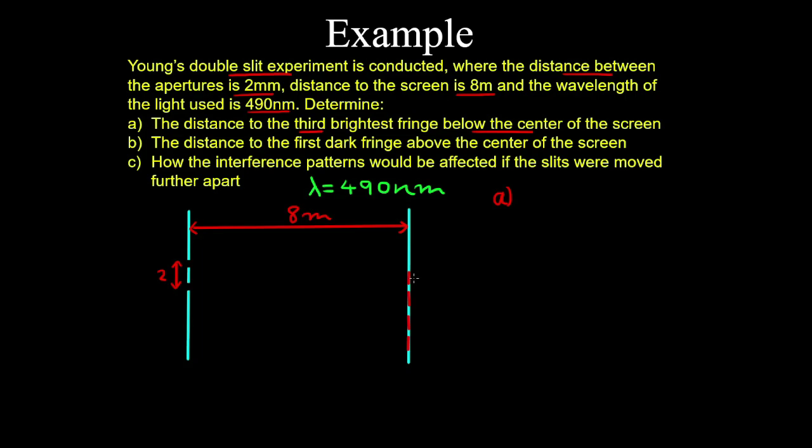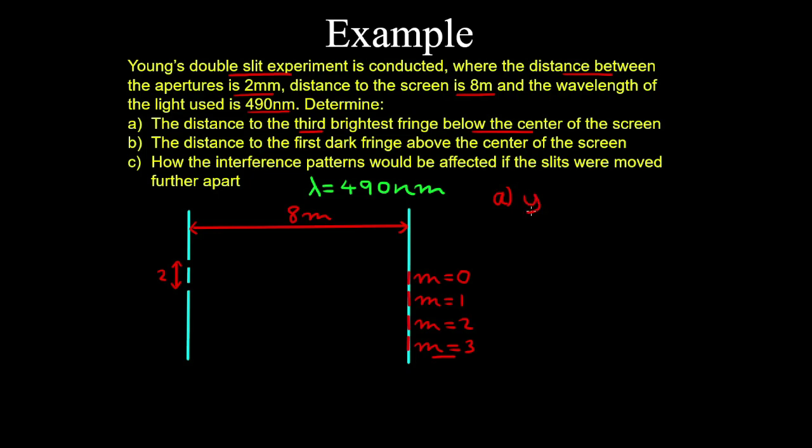So m equals 0 represents the first bright fringe, and m equals 1 is the first order of maximum brightness, so that's the next fringe, and m equals 2 is the next order, and m equals 3 represents the next fringe. So this is the third brightest fringe, below the center of the screen.